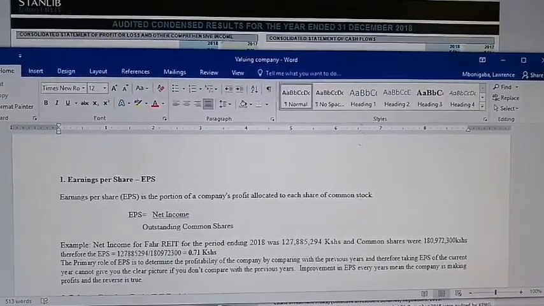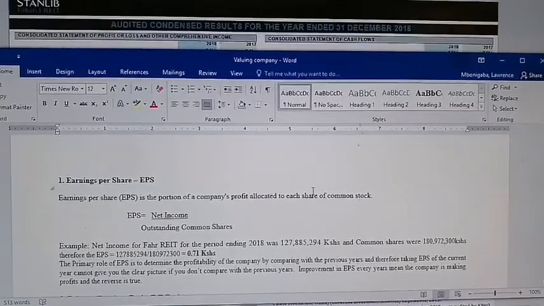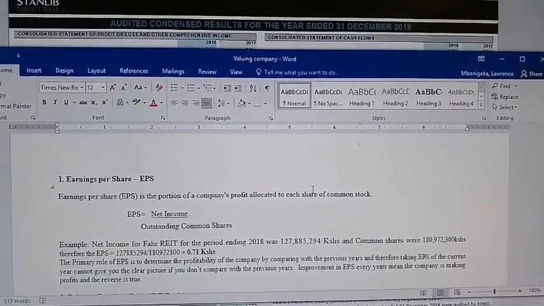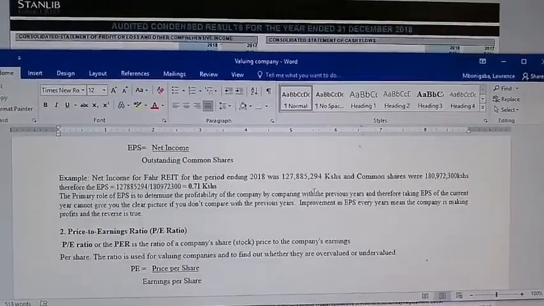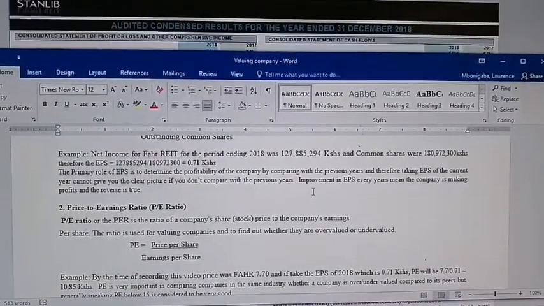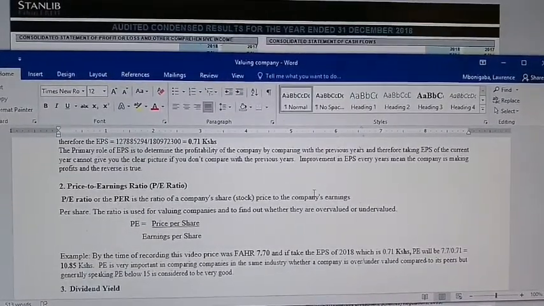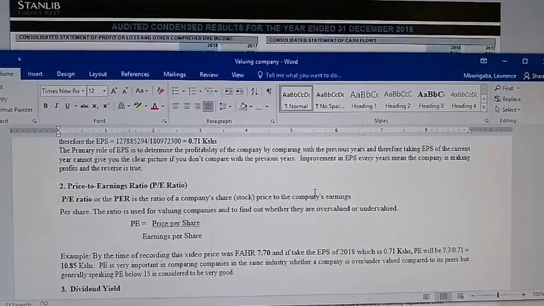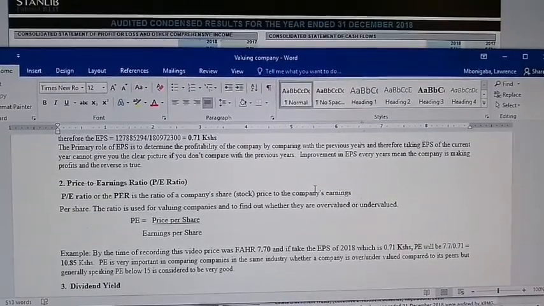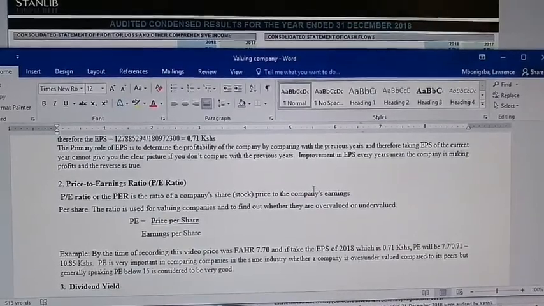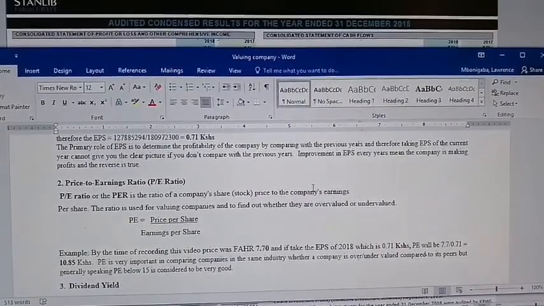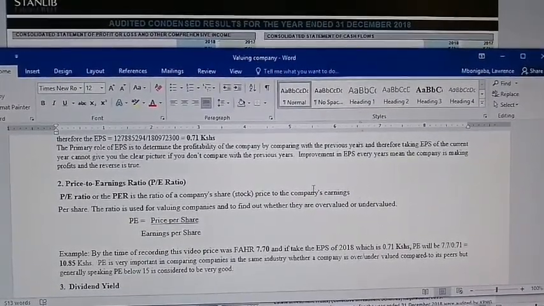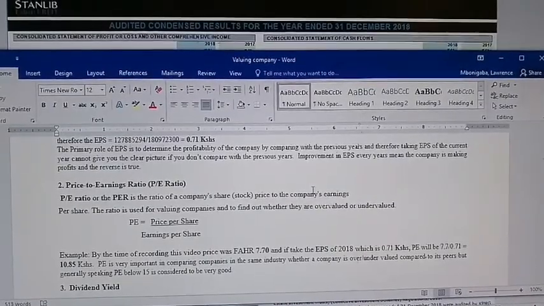So if you don't invest in a company that gives you more than 5% on average, you will not be beating inflation. That is the reason why I don't invest in companies that don't give me over and above 5% as annual dividend yield. Also, improvement in dividend yield gives you a better performance picture of the company.